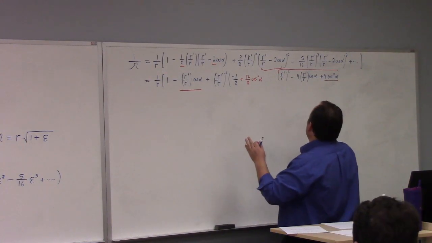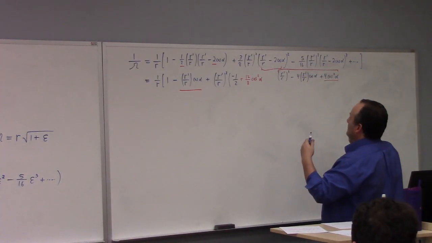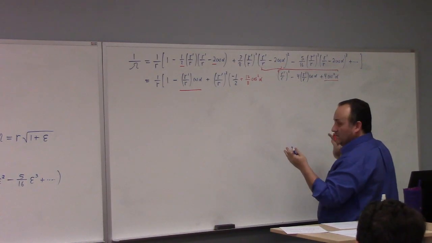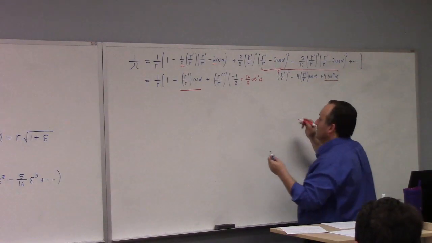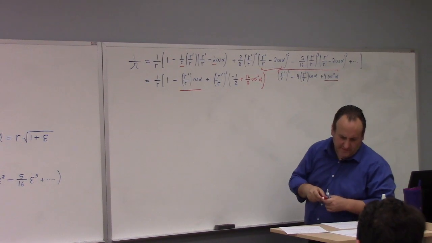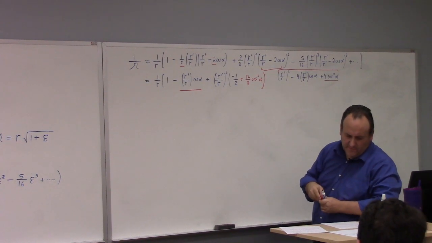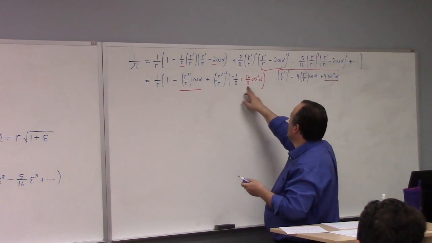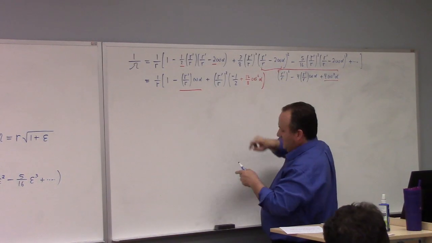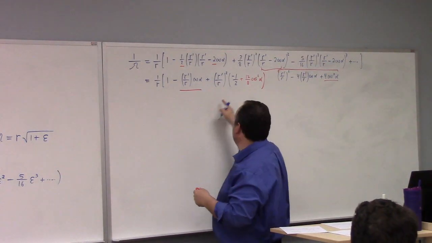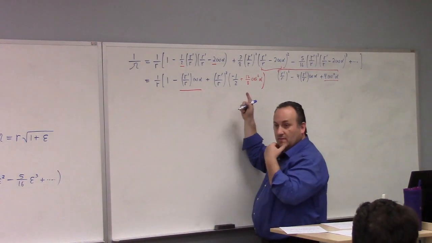And I think that's the only way we can get just a square there. Let me double check that. It's supposed to work out to 3 cosine squared alpha minus 1 over 2. Is this 3/2? That is 3/2, isn't it? All right, 12 over 8 is 3/2. Yeah, okay.